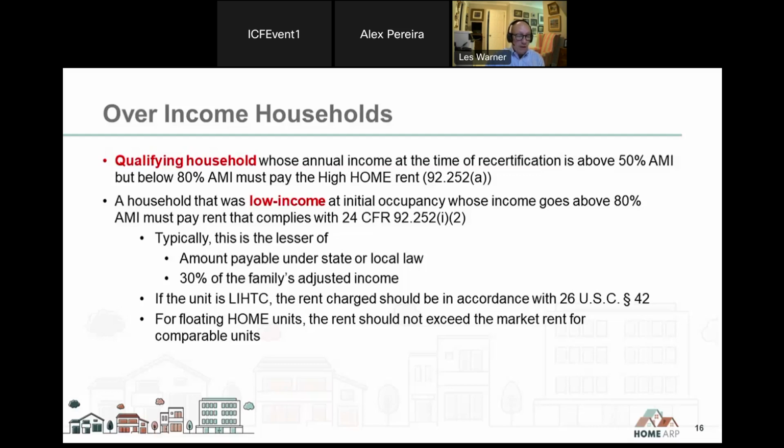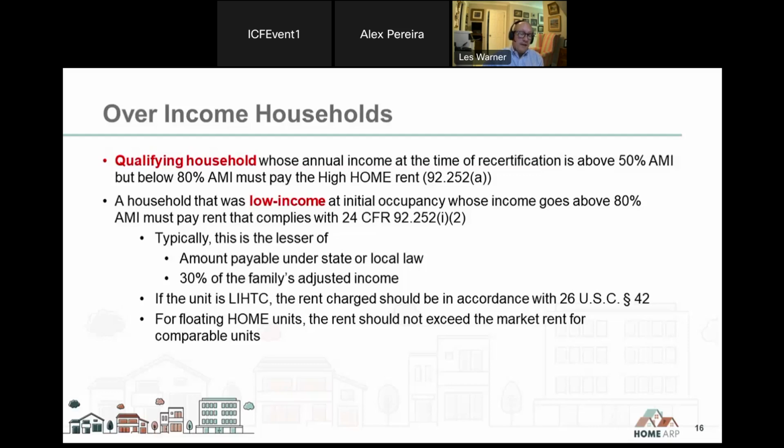We go back and do the annual income certification. Maybe in year 2, we find that they've been able to get better jobs and now their income is at 90% area median income. So they're considered over income at this point. We're not going to require them to move from the property, but we are going to make that adjustment. So we are going to calculate what 30% of that family's adjusted income would be.